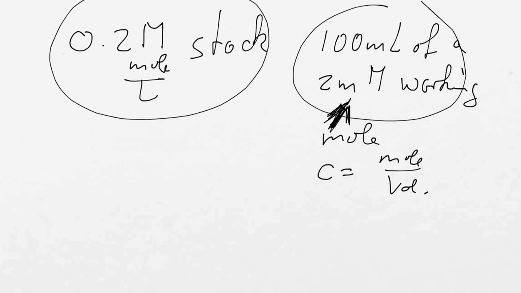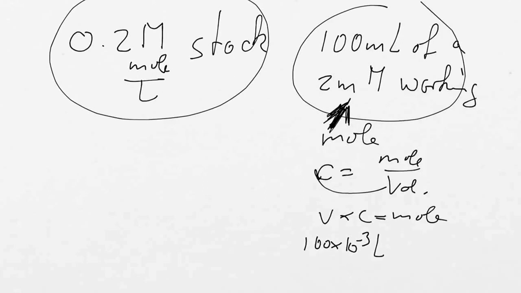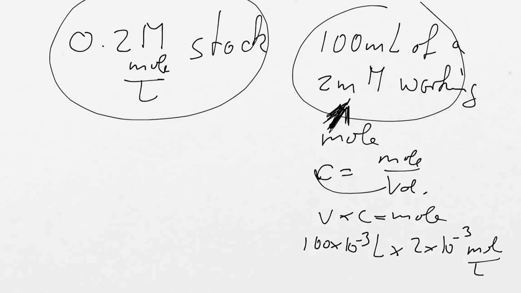And in order to get the volume, we bring that over. So we have volume times concentration equals mole. So we have 100 milliliter, that's 100 times 10 to the minus 3 liter, times 2 times 10 to the minus 3 mole per liter. Yeah? Happy with that? It's just simply applying concentration equals amount per volume.